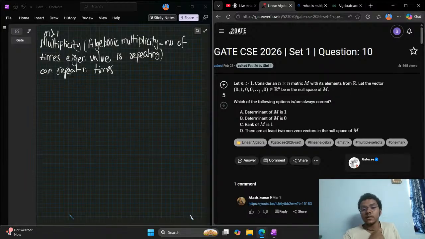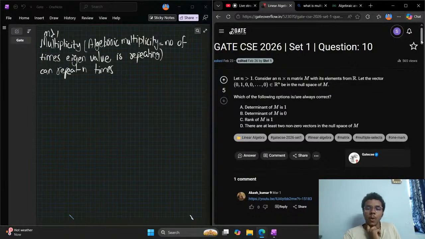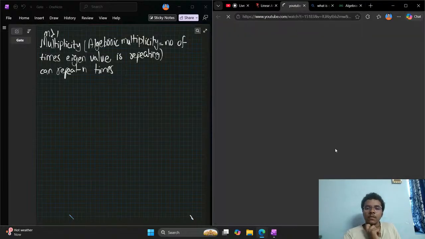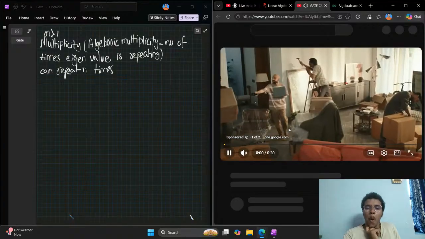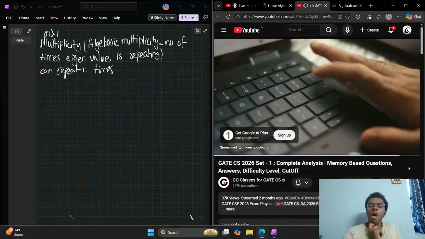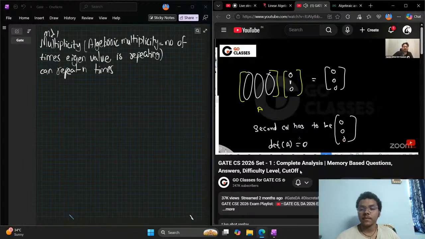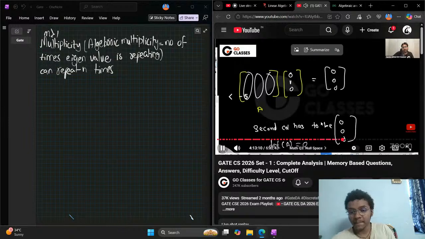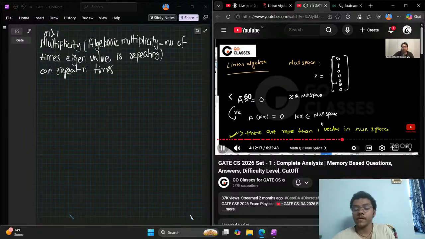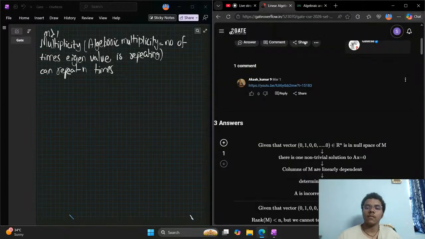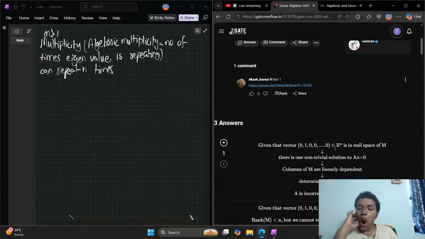Let the vector 0, 1 belong to R of n, in the null space of M. This is the vector in the null space.